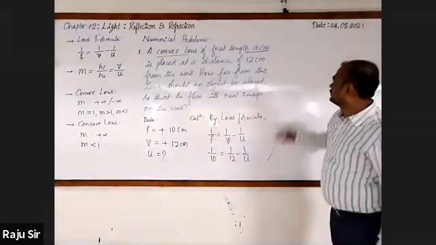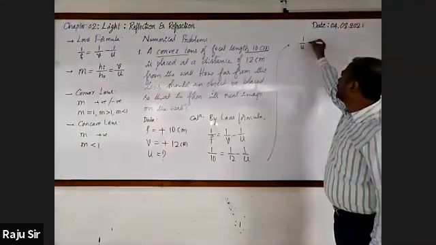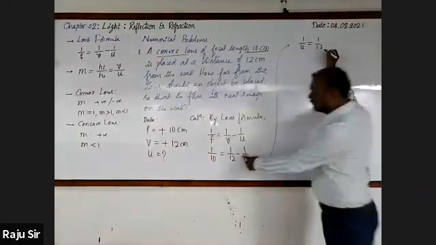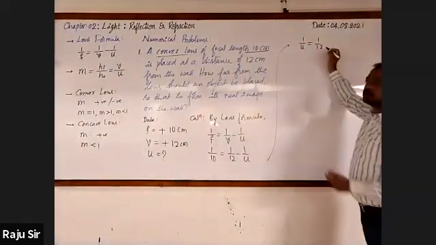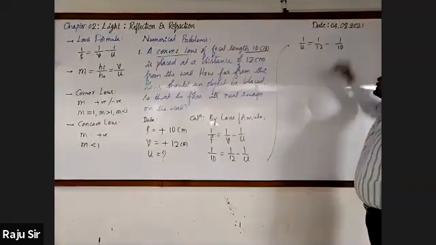It becomes plus 1 by U is equal to 1 by 12. Transfer 1 by 10 to the right hand side. It becomes minus 1 by 10.